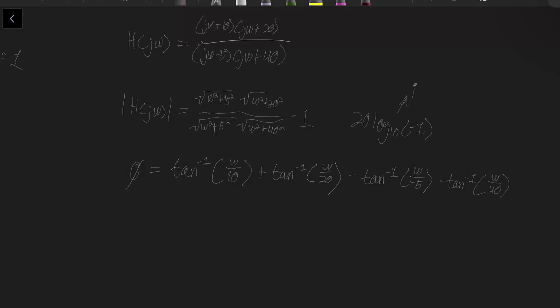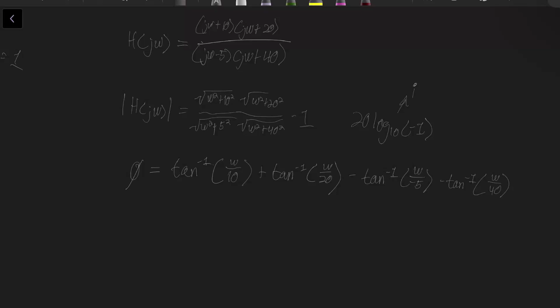Thank you guys so much. I was just wondering, when you're doing the tan inverse of omega over -5, instead of subtracting that value, because it's -5, right? Couldn't you just add tan inverse of omega over 5 instead?